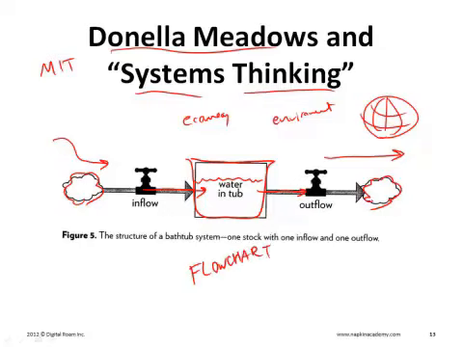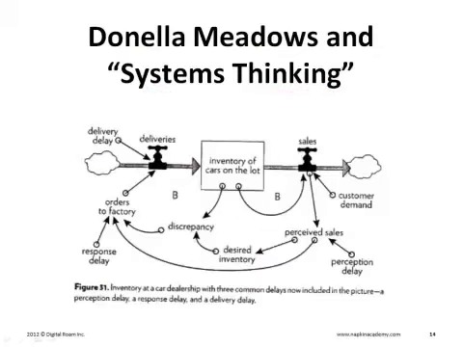Now, once you understand Donella Meadows' basic model of the bathtub, it's possible to take that model and apply it to increasingly complex models of how economics works. So here was a model that Donella worked on that actually showed how an automobile factory might work from a systems perspective.